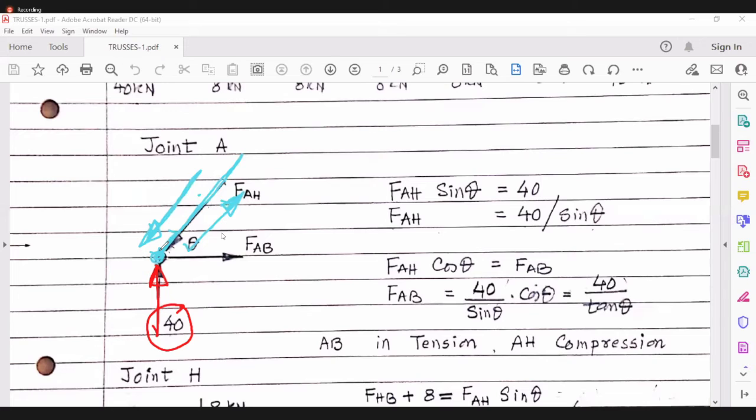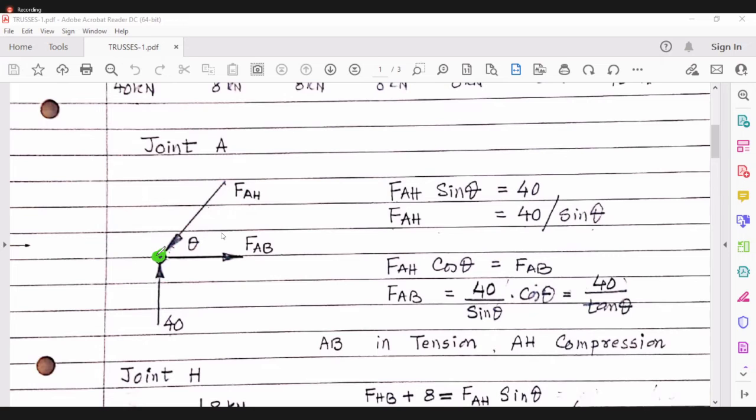Same way, this element AB over here is either pulling or pushing, which is not known. But the directions of AH and AB are very much known. And again, what is known is that this particular joint is in equilibrium.